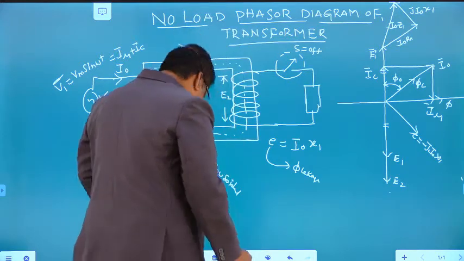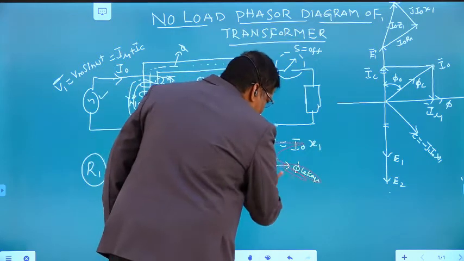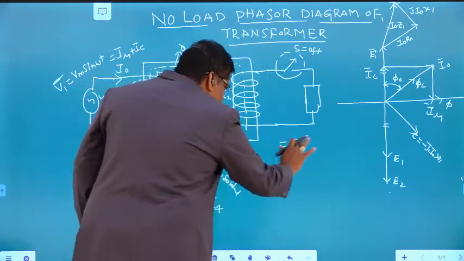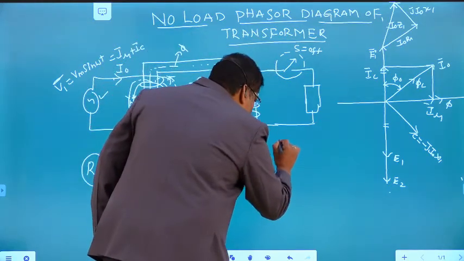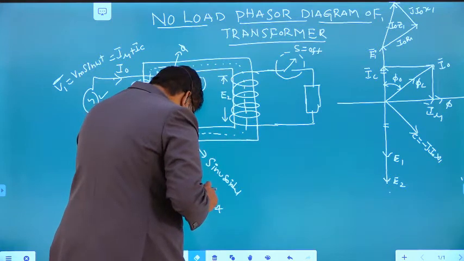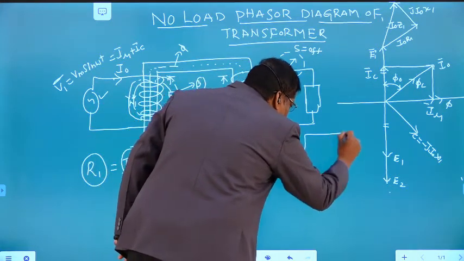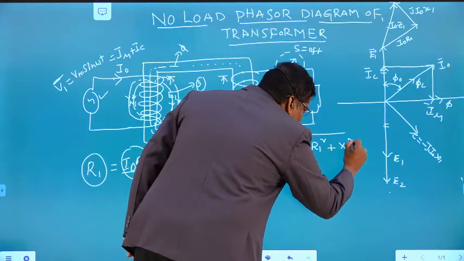Where Z1 is equal to square root of R1 square plus X1 square.